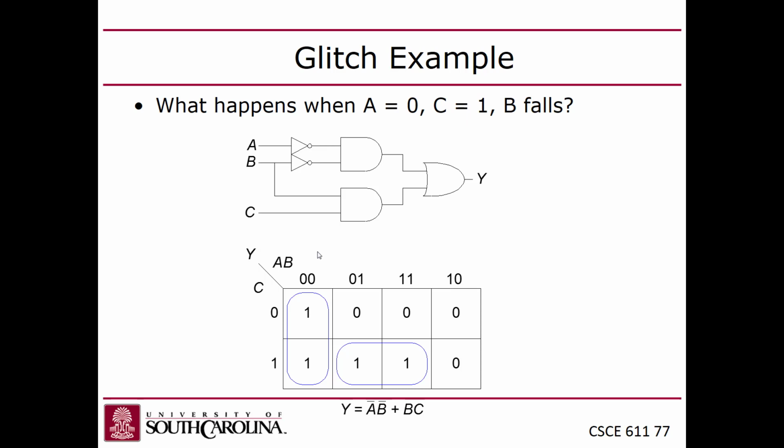Well, the OR gate's like, oh, 0, 0, I should be low. But then once this top path catches up, it's going to see 1, 0, and it's going to go back high. So all I do is change B. According to the truth table, changing B from 1 to 0 shouldn't make any difference. But what will end up happening is you'll see a glitch in the output, meaning that Y will go low for a very short amount of time, then come back up. It'll glitch. Make sense?